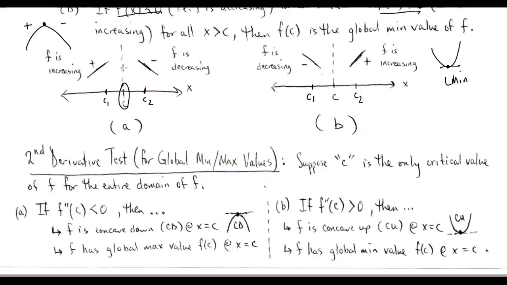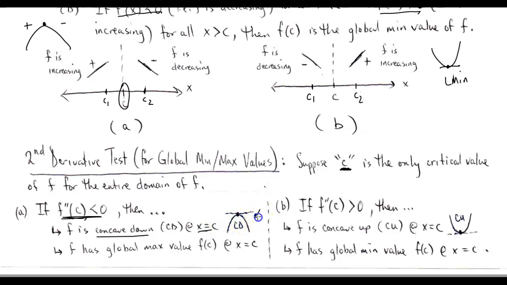And so what the second derivative test is doing is using what we know about concavity of a function to help us determine if we have a local max or local min. So in short, if we find this critical value c, and we plug it into the second derivative of our function, and we get a negative value, then what that tells us is that the original function was concave down at x equals c.